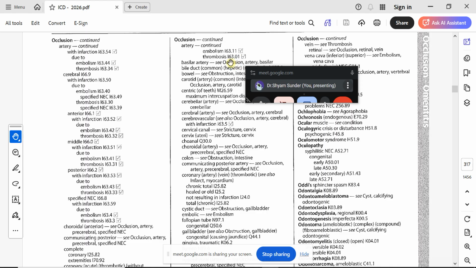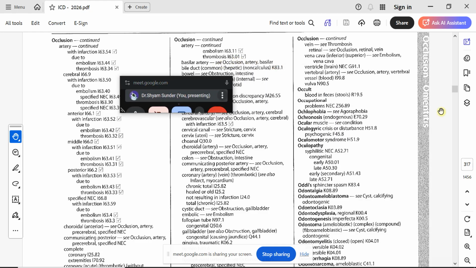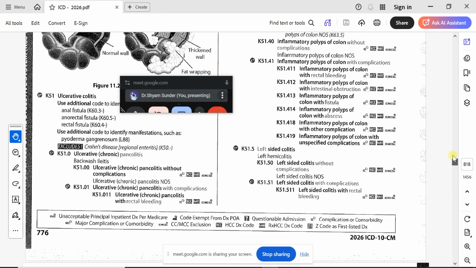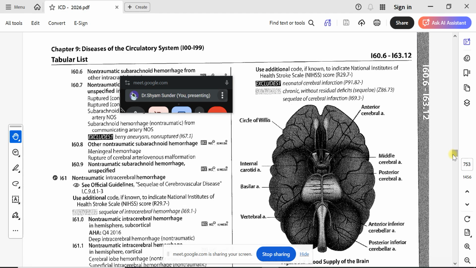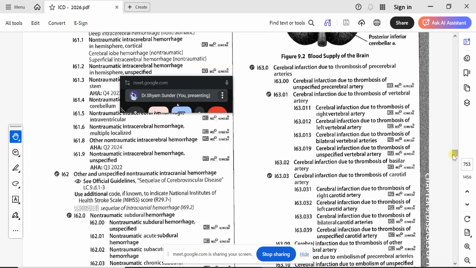Now this is an incomplete code. You have to go to I63.01. Please make a note of this code, I63.01. Now right or left? Left, then 01, left is this one.